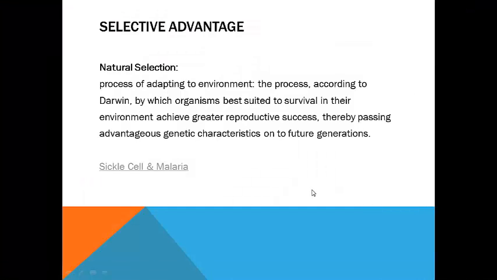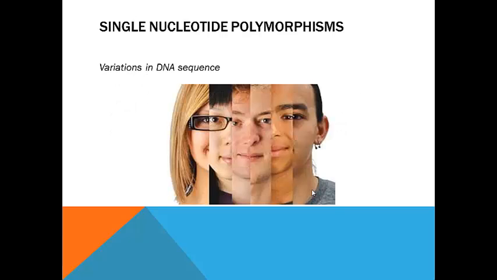Okay, I hope that helped you better understand natural selection and how selective advantage works. Next, we look at single nucleotide polymorphisms, which is a big word for the variations in DNA sequence.